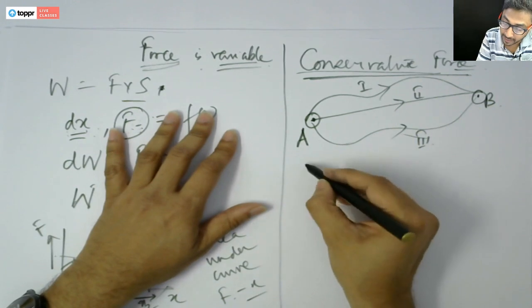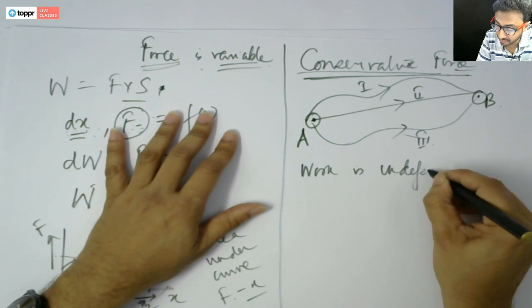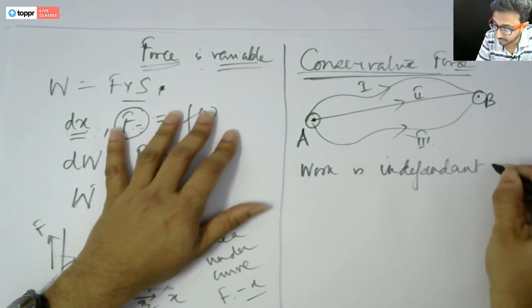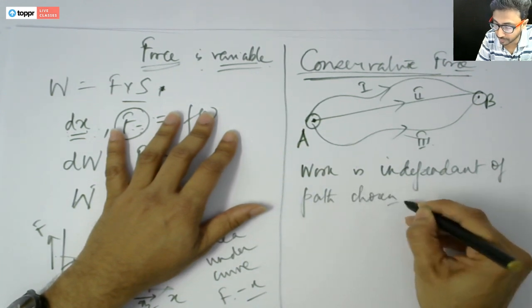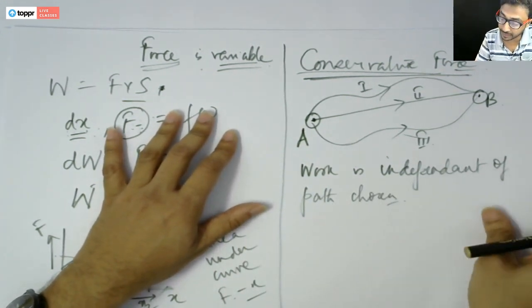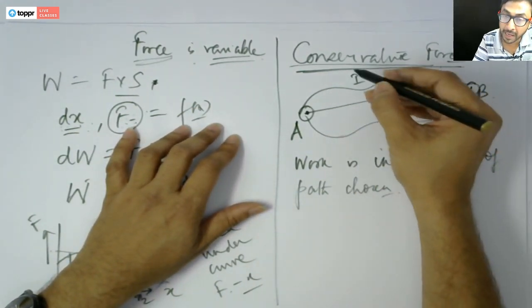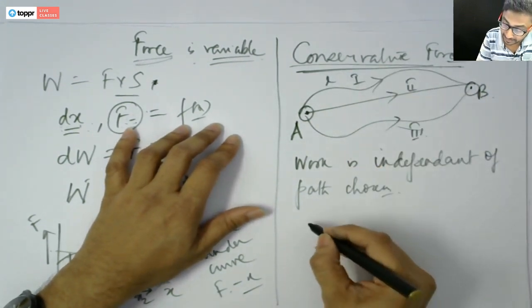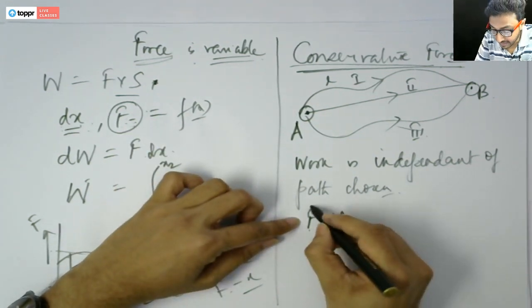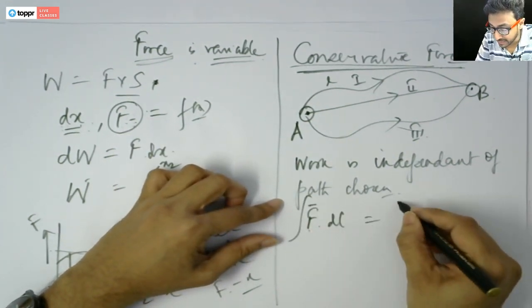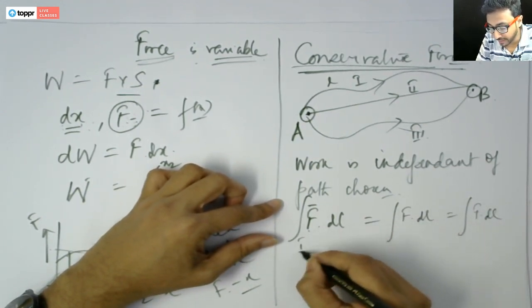It means that work is independent of the path chosen. In terms of calculus, if the length of the path is L, the line integral of force along the path will be the same in all the cases.